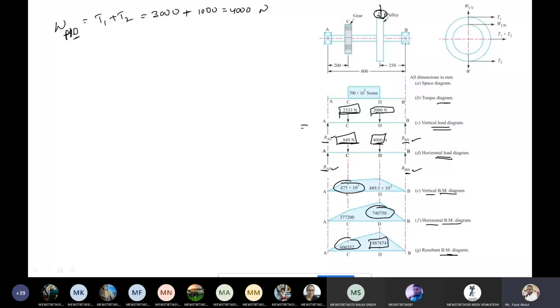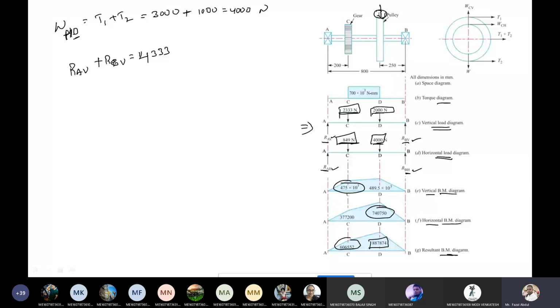So to calculate the reaction, according to the vertical load diagram, RAV plus RBV equals the load acting here, 2333 plus 2000, total 4333.